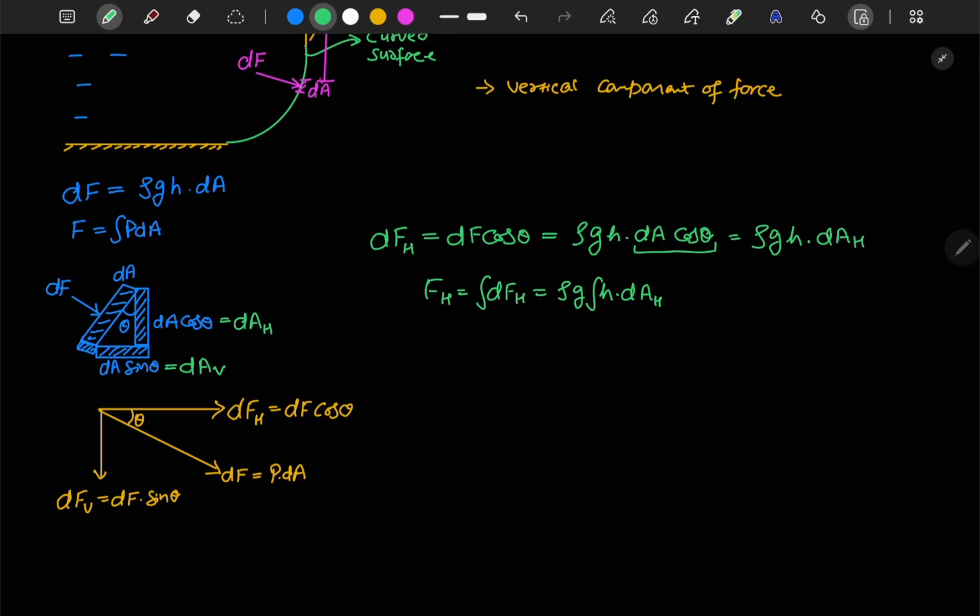This integral of h dAh is your first moment of area, so I can write Fh is equal to rho g Ah h bar.